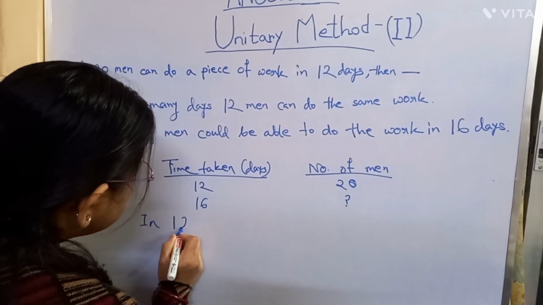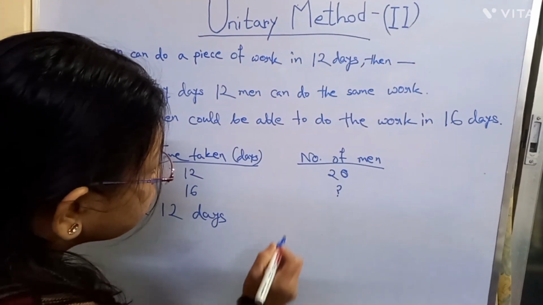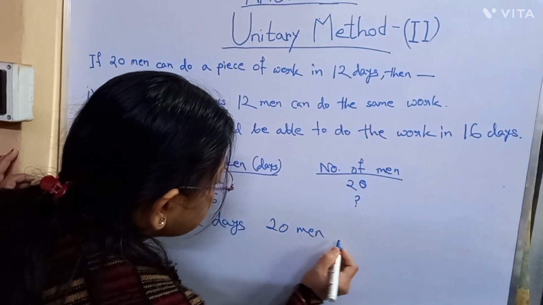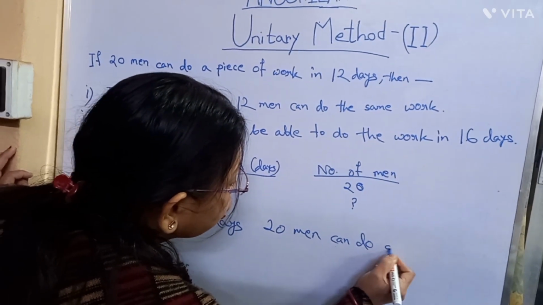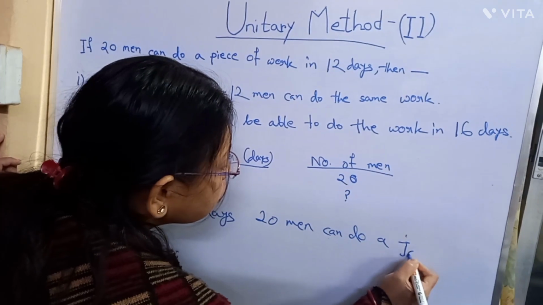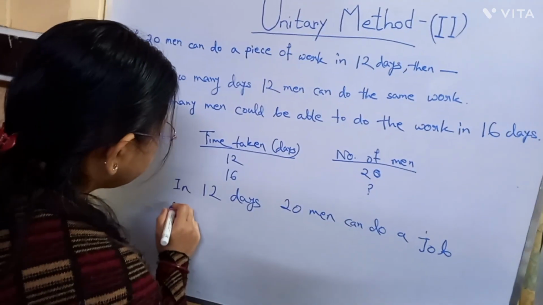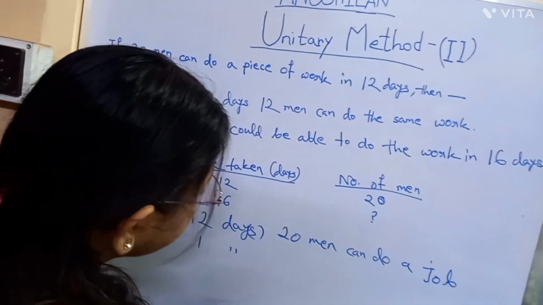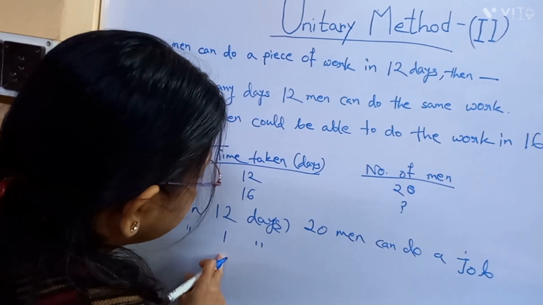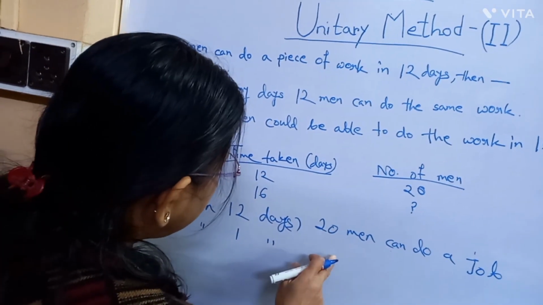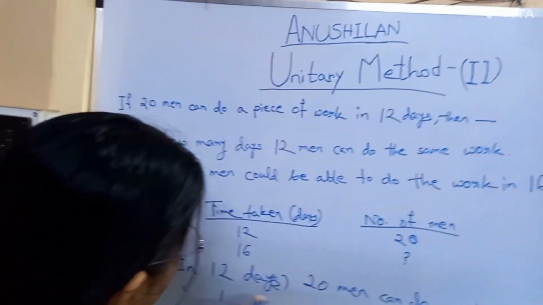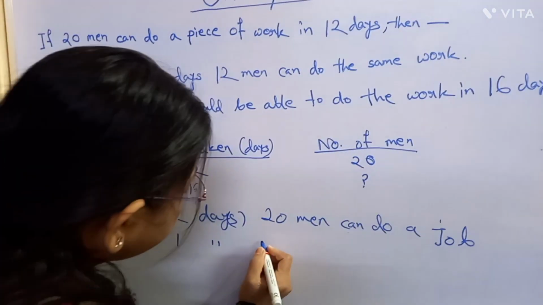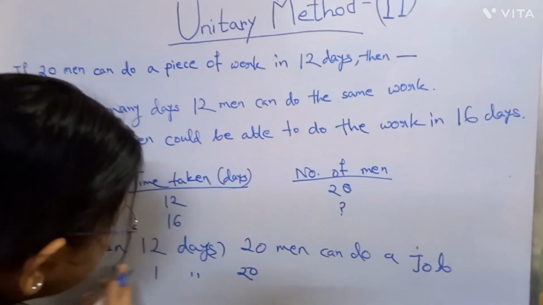In 12 days, 20 men can do a job. In one day, the same work will be done by more men, because all the work has to be finished in one day.